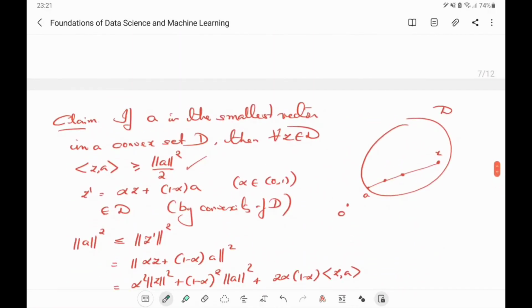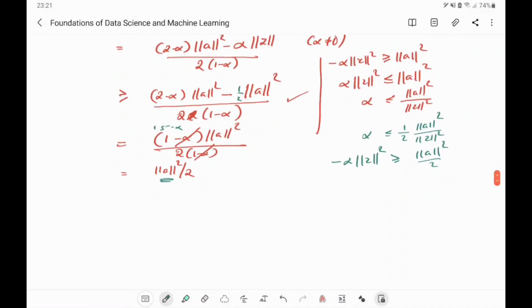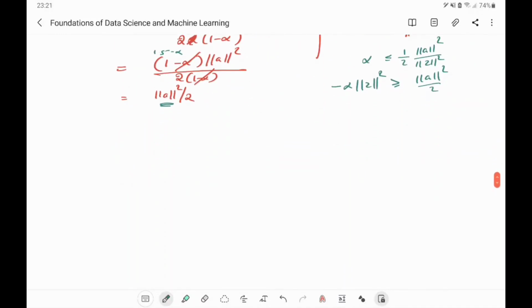Okay. By the way, before closing this video, maybe I'll also remark as to what is happening here in a geometric sense, right? So let's say this is your a vector, which is the smallest vector in a convex set, right?